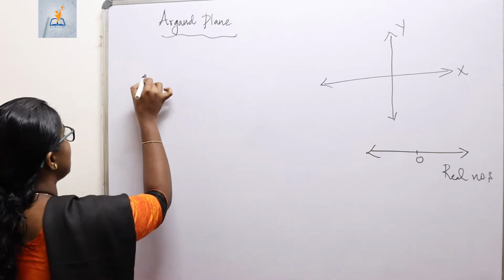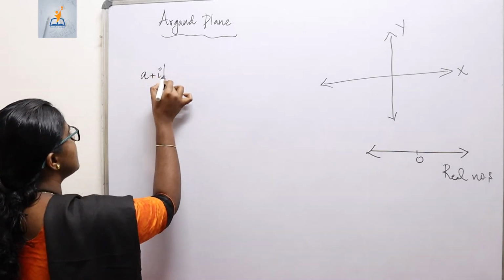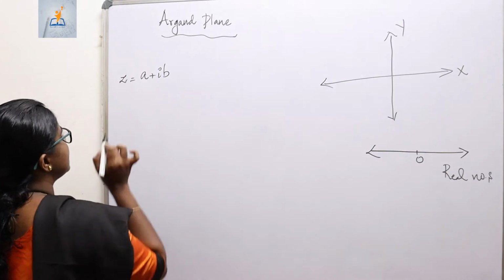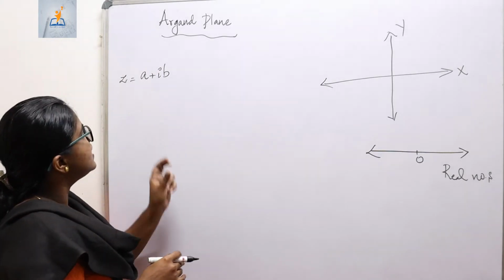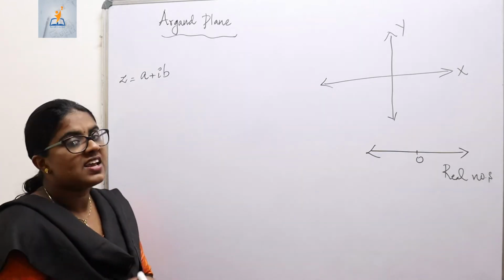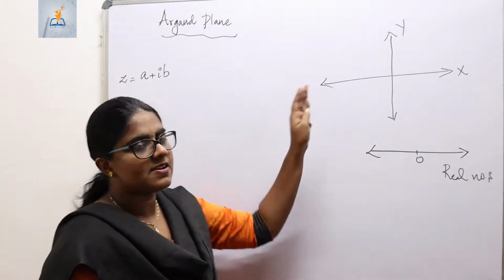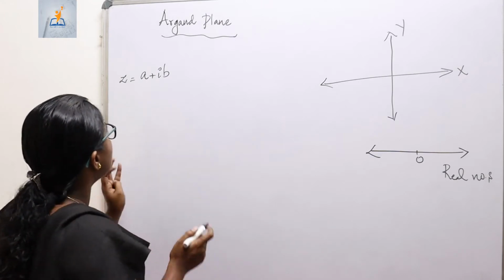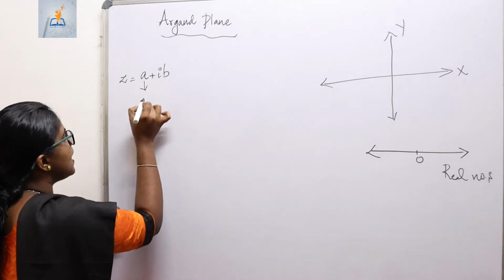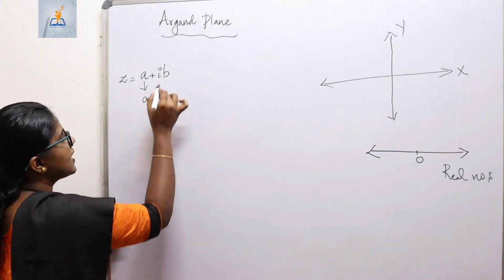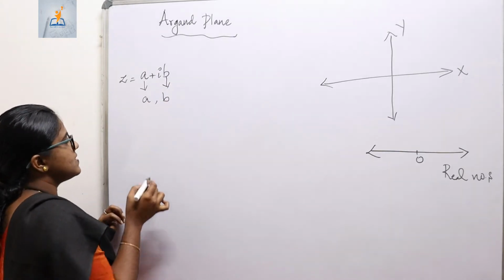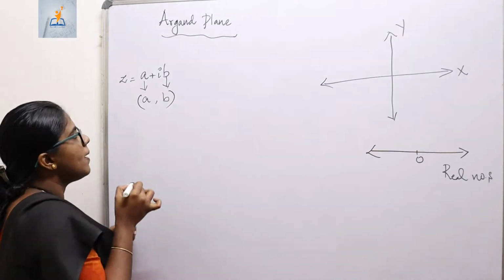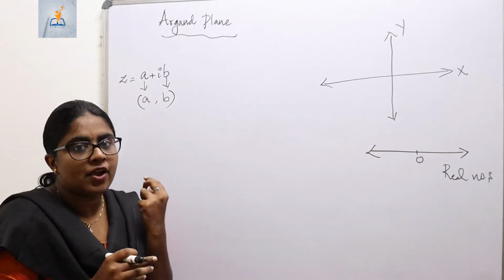Let a plus ib be any complex number named z. Let z is equal to a plus ib. Then how can we represent a plus ib in this plane? Now we know that a is the real part of this complex number and b is the imaginary part of this complex number, and this a comma b together forms a coordinate.